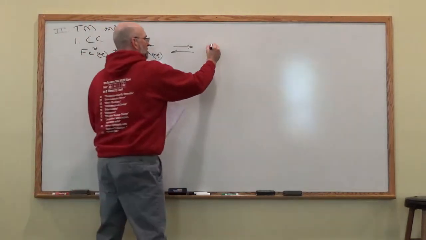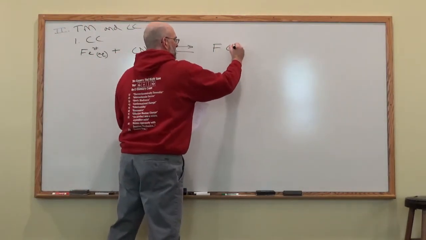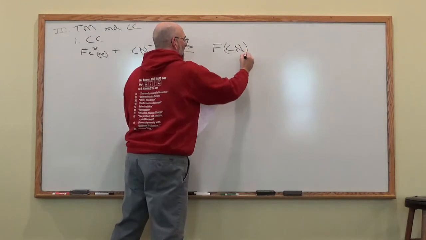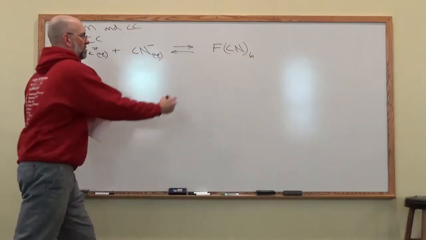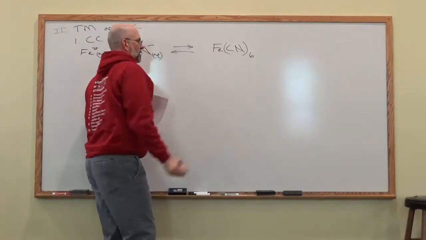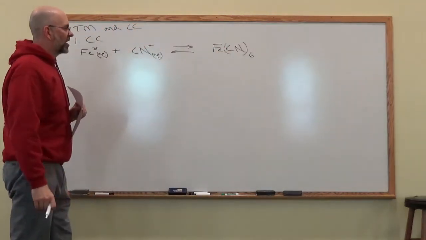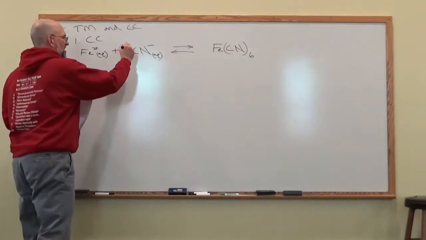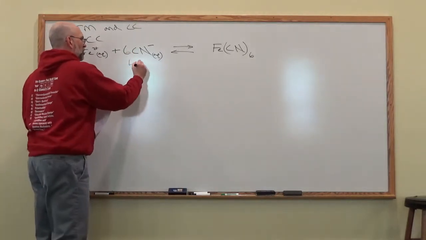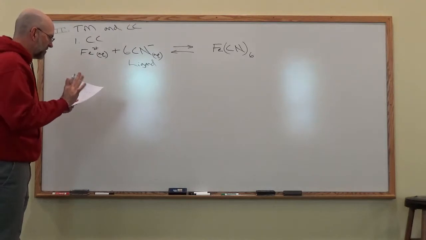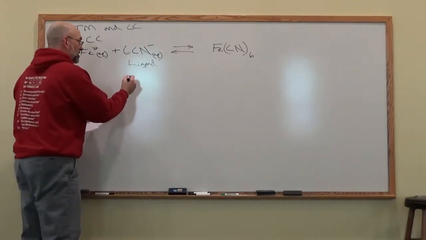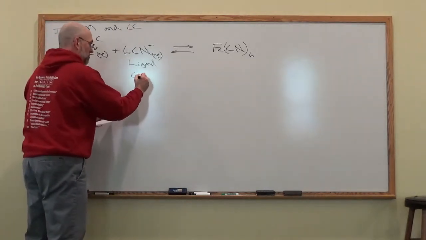In this case, 6 of those cyanide anions will grab onto the iron, so we need to put a 6 here. This is called a ligand. It actually contributes to the bonds. We're going to do more of the specific chemistry later. We can do the electron dot structure here.